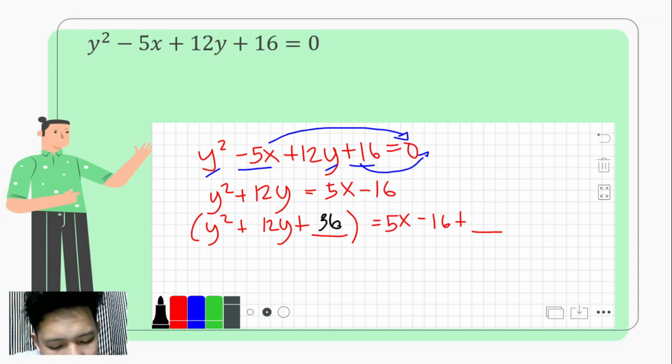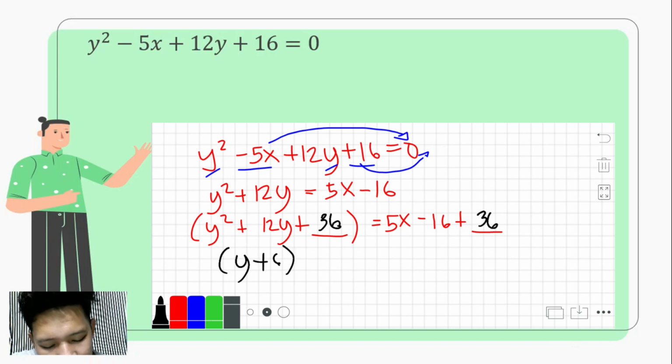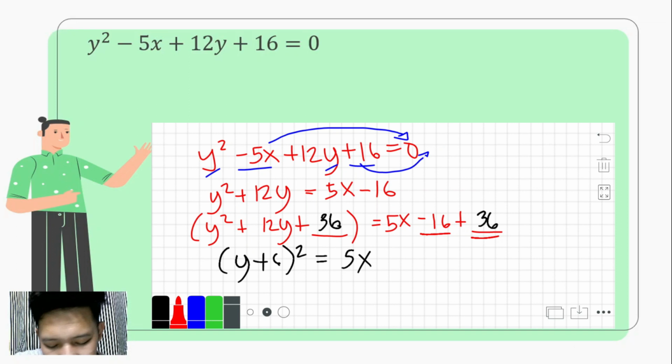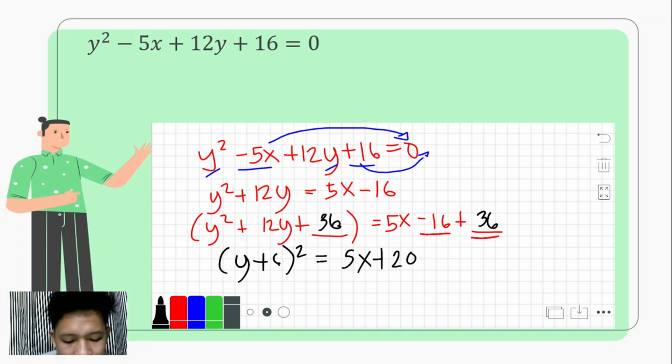At kapag nag-add tayo dito, sa kabila ay mag-add din tayo ng 36. And by this, we have y plus 6 squared equals 5x. So we have here negative 16 plus 36. That is actually positive 20. But since ang kailangan natin is dito, ipa-factor out natin ito para makuha natin yung 4c.